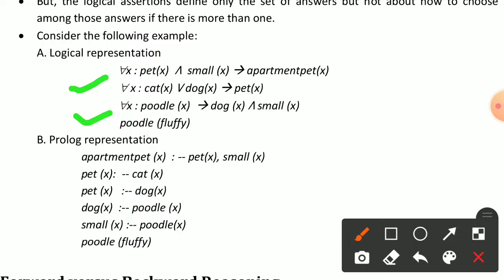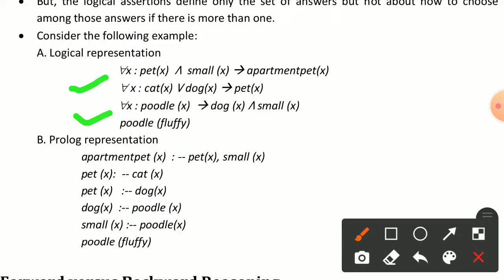We can't select a big animal, because it is not accepted by the different people of that apartment. So this is the first, the logical representation.